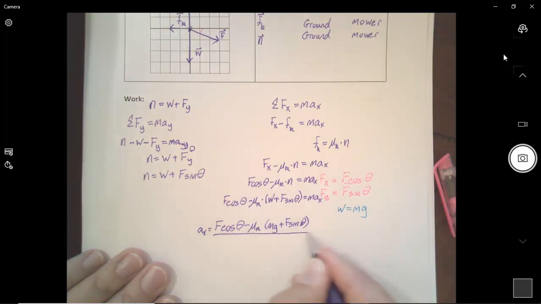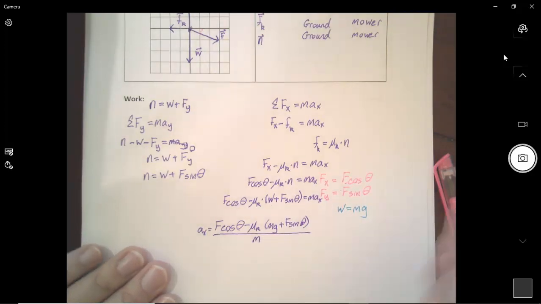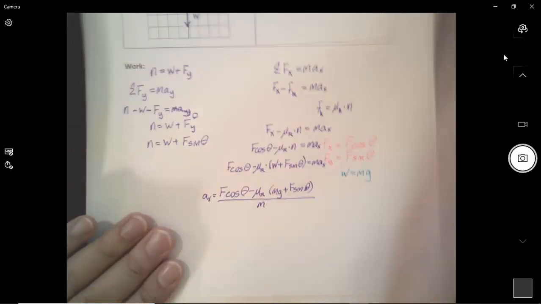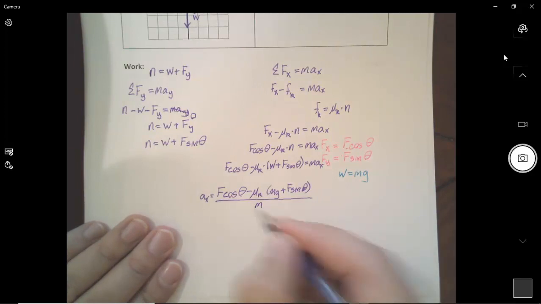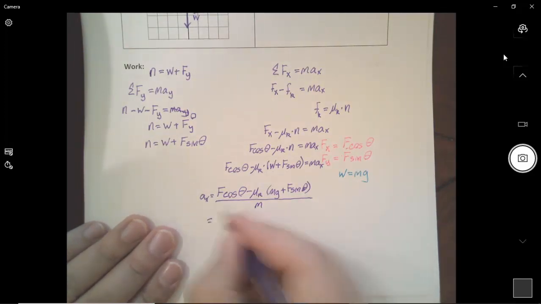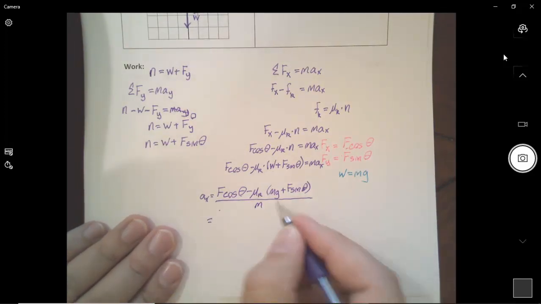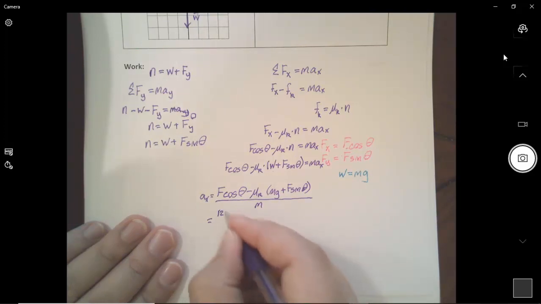So we're just going to divide all that by m, and that'll be our solution for ax. We know everything on the right-hand side, so now we can just plug in the values. There's a lot to plug in, but we know all of it.